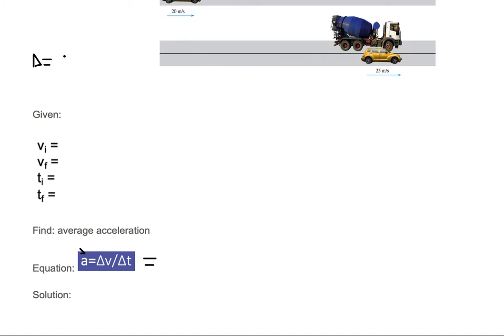So all you need to do is replace the letter after the delta with the appropriate final minus initial. In this case, it's V, so it's going to be V final minus V initial, where V is velocity, divided by T final minus T initial.